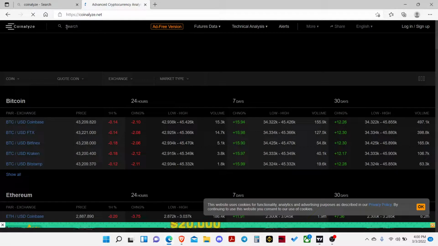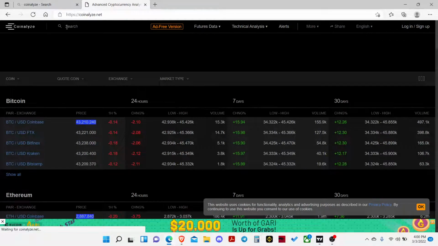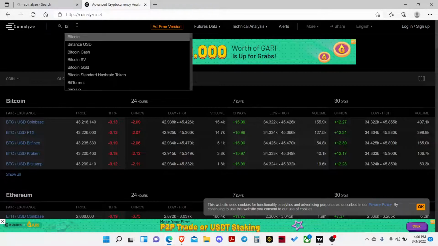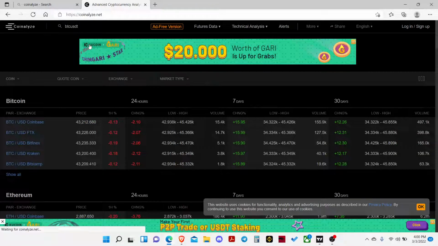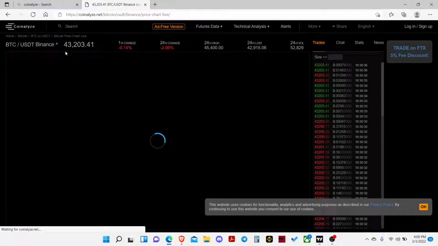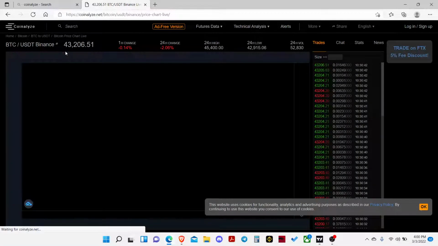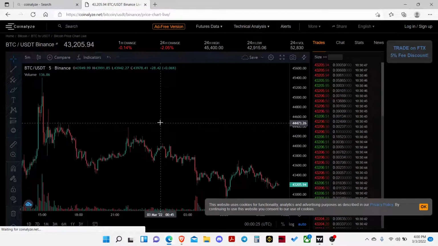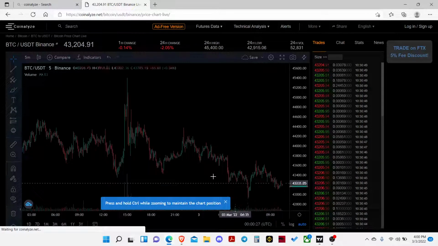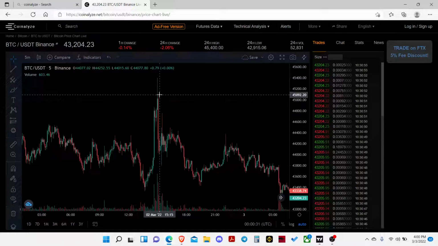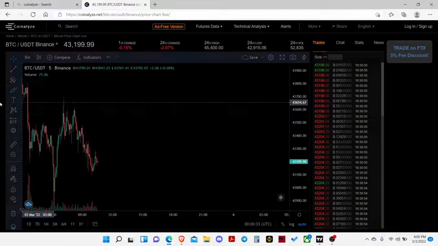I need to get the BTCUSD on Binance. That's a good volume. Most of the time I prefer Binance over FTX for looking at the volume, the TPO, the order flow, that kind of stuff, because it has a big, decent amount of volume.